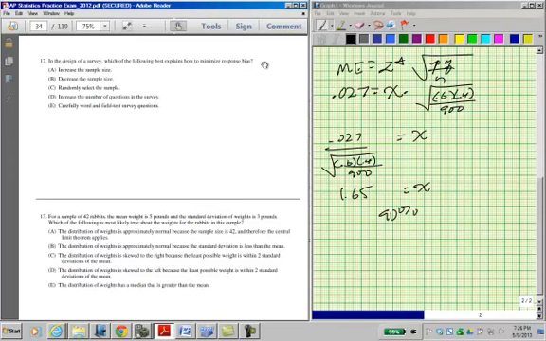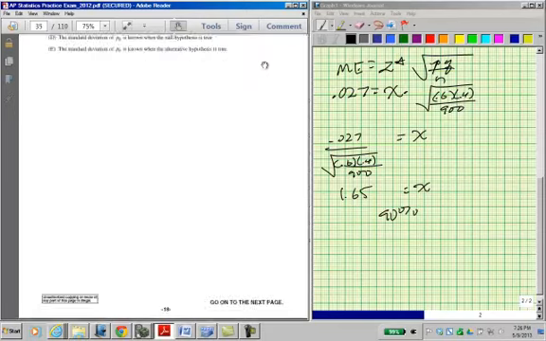That's the sampling distribution. This question is about the distribution of the sample itself. Okay, and it's going to be skewed to the right because the least possible weight is within 2 standard deviations of the mean. So the answer is C.